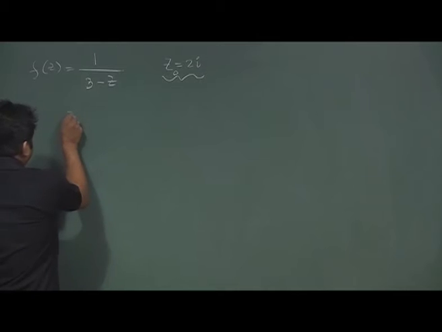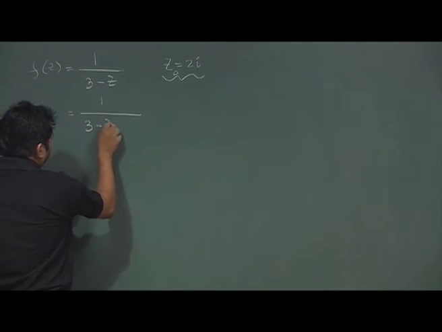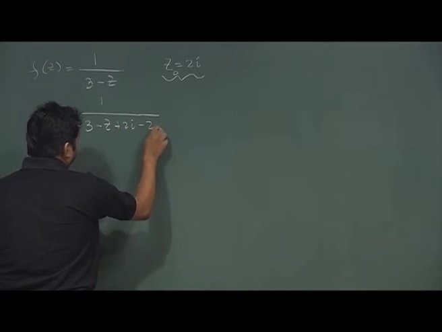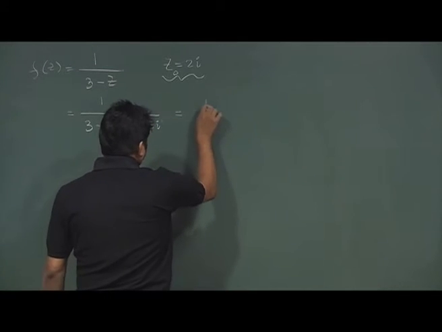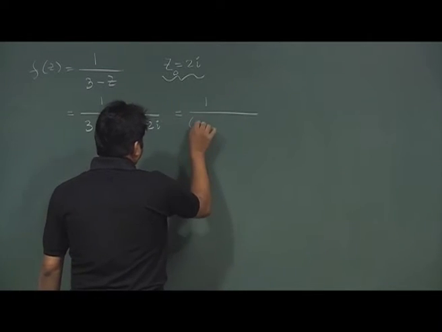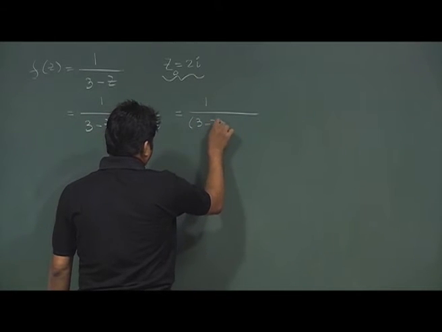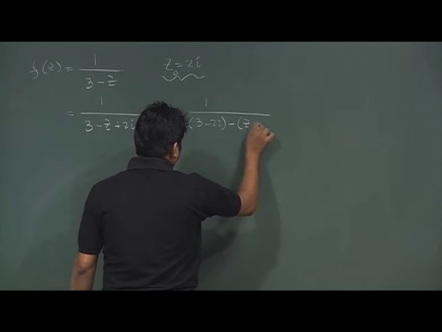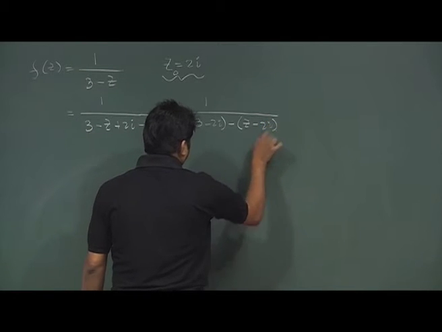The procedure is exactly the same that we are using. I add 2i and subtract 2i and write this expression in this way: 3 minus 2i minus (z minus 2i).